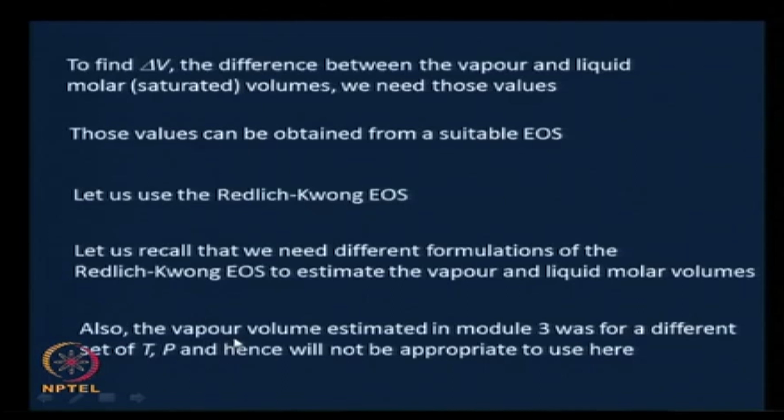Also, the vapor volume we estimated in module 3 was for a different set of temperature and pressure. We cannot use that here. If you recall correctly, it was around 200 degrees C and a pressure of 10 bar. At that pressure, it is going to be a complete vapor. It is not in a state of equilibrium between the liquid and vapor phases.